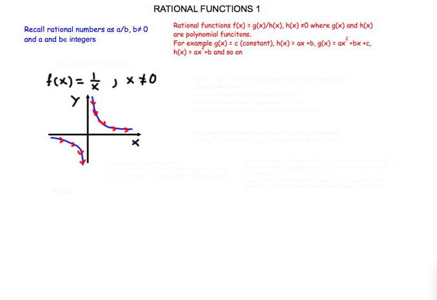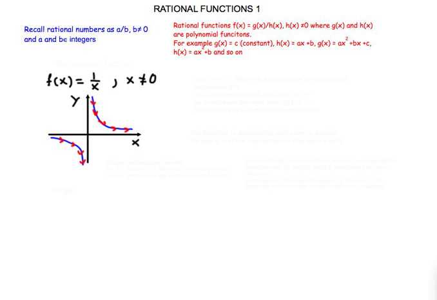So we do really have a ratio of two polynomial functions. And as you see, this blue line on both sides has red arrows pointing downwards. So this will be useful later in this discussion to determine whether this is a decreasing or increasing function.